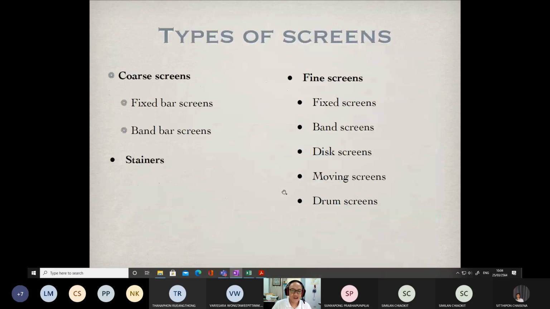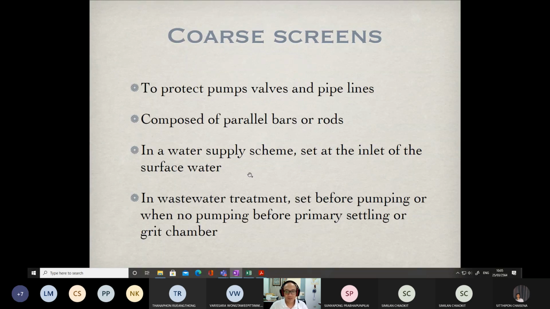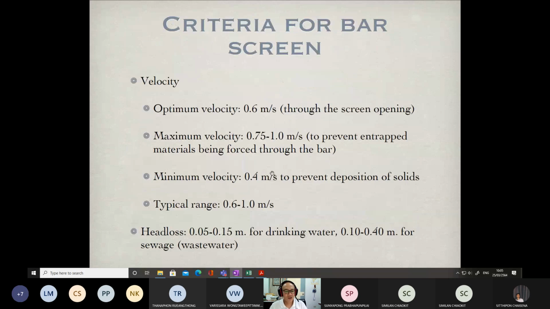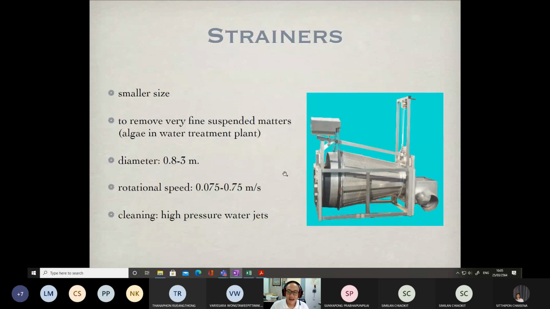And for the screens, as I told you, we classify them based on the opening size. Fine screens, coarse screens. Standard is actually the fine screens, but the arrangement may be somewhat different. Standard mostly refers to a screen which is very compact, maybe something like this one.